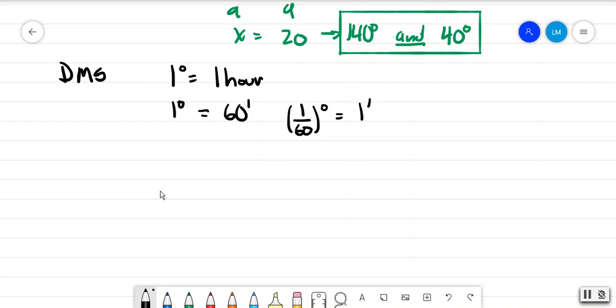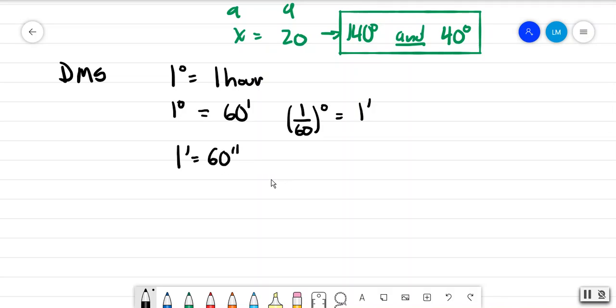Now, furthermore, if we think of seconds, 1 minute is equal to 60 seconds. So that's going to be 60 like that.